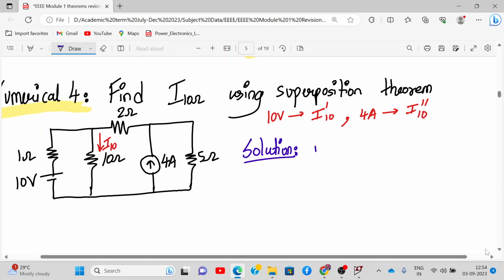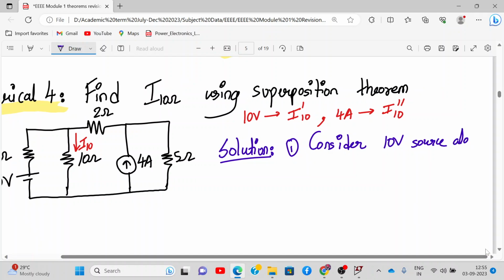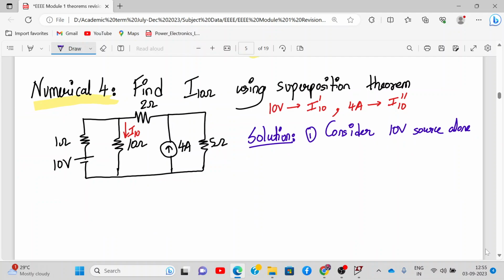So let's start. First, you consider the 10 volt source alone. Okay, so let's consider that and draw the circuit. So 10 volt will be there in the circuit, only one source at a time.